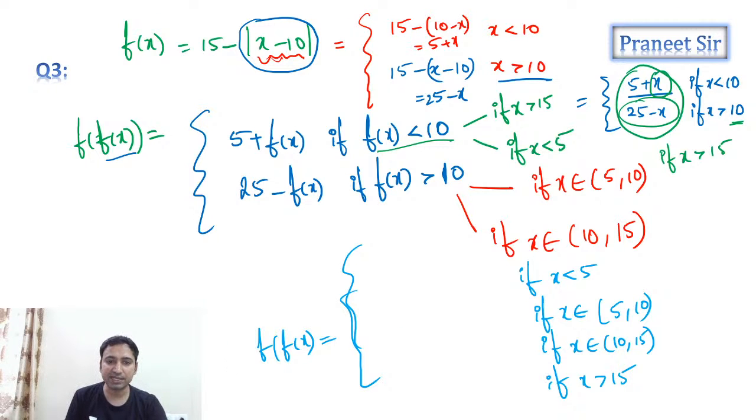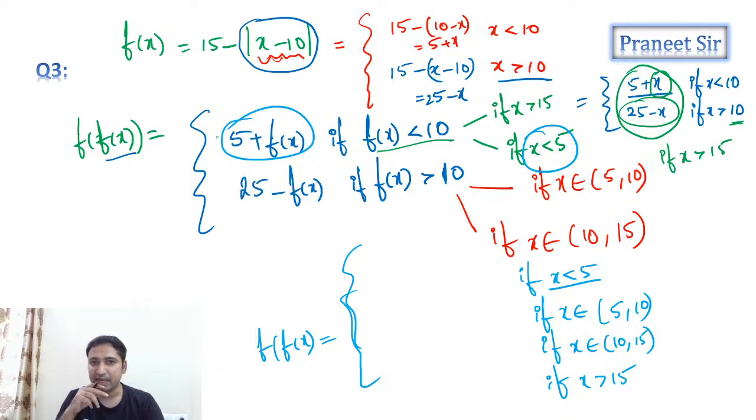So for the 4 conditions, let's see. X less than 5 goes to this case, so we should apply 5 plus f of x.